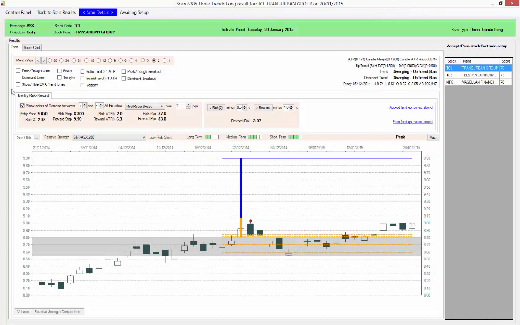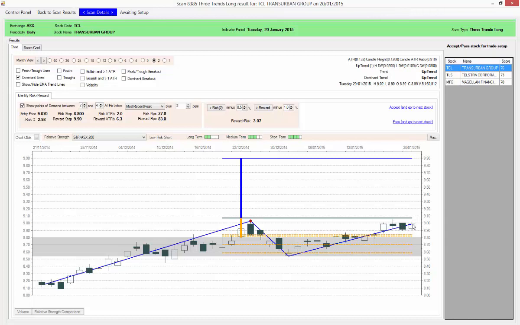So if I draw the dominant lines, you can see there it is, and I've automatically drawn the horizontal line for you. The stock, on the high of this candle, did actually pierce that dominant peak, and so we have actually tested it. This market is coming down.